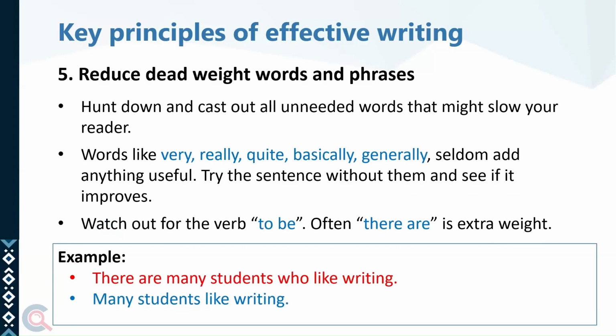Words like very, really, quite, basically, generally are seldom useful in sentences. So as much as possible, remove these words from your sentence and see if it improves your sentence or not.